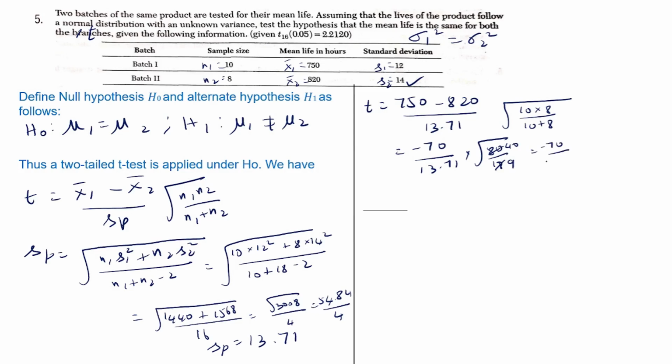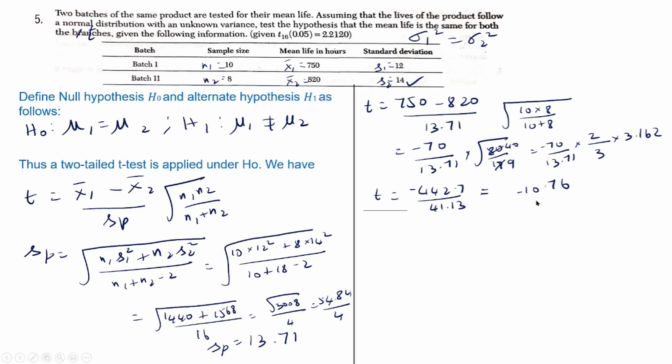So it is minus 70 upon 13.71 into root 40 is root 4 which is 2 upon root 9 is 3 into root 10 is 3.162. This when we simplify we get the value of t as minus 10.76.